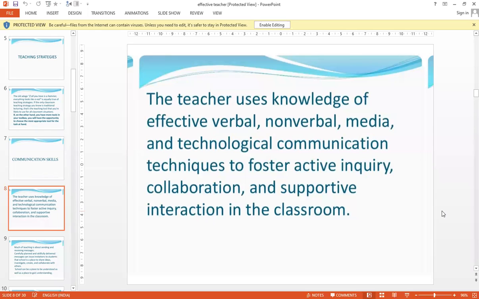Being a teacher, we should not only stick to the textbook, we also need to acquire knowledge of effective verbal and non-verbal communication. We also need to take help from media and technological communications in order to foster active inquiry.